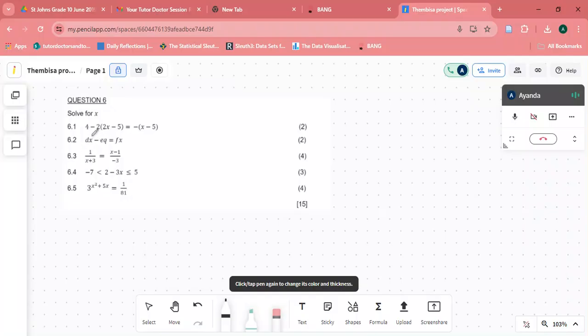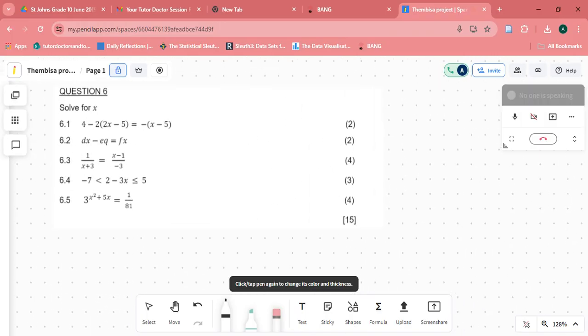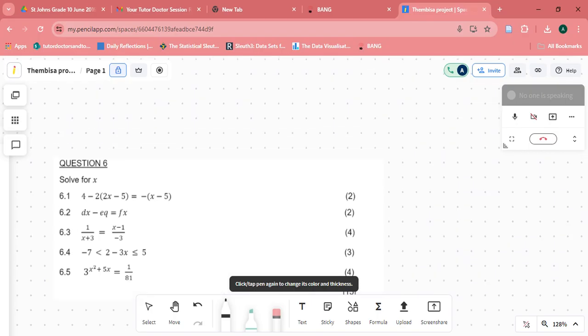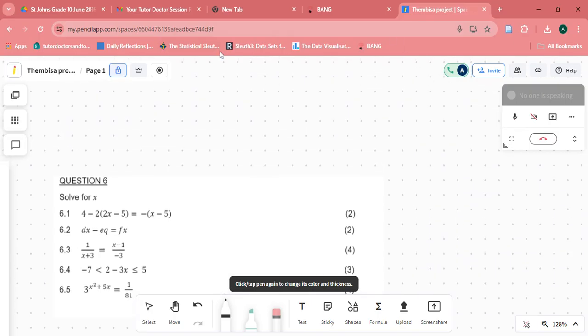In 6.1, on the left-hand side, we have 4 minus 2 times 2x minus 5 is equal to negative x minus 5. So we're going to distribute and get the correct signs here. So let's actually work on it up here. 6.1.